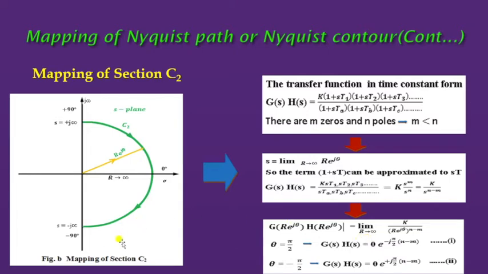So that's why this is not required for determining the stability. But we can always calculate this value for section C2 and draw the figure in the G(s)H(s) plane.